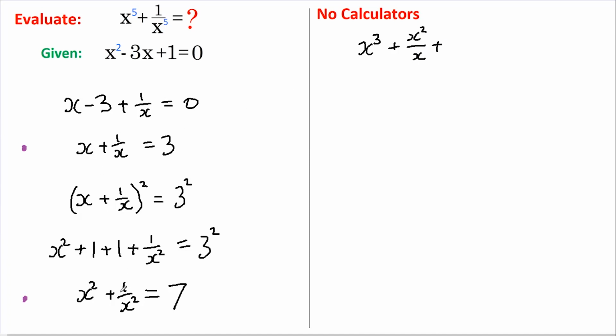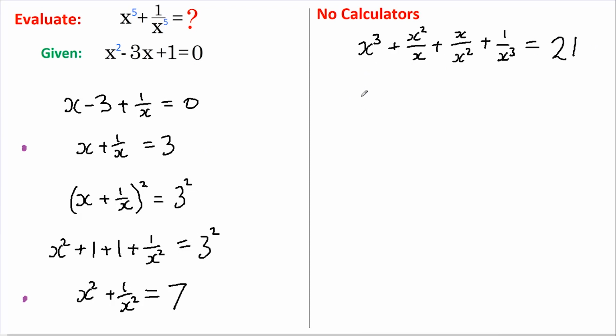We get x over x squared. And finally, we get 1 over x squared times 1 over x, which is 1 over x cubed. And this equals 3 times 7. So that's 21.